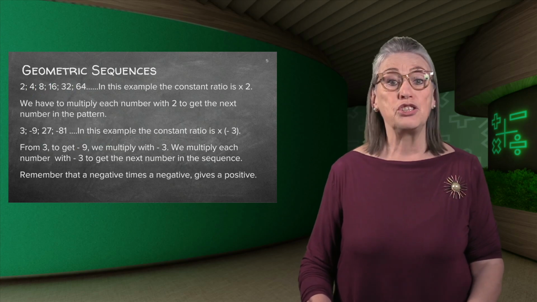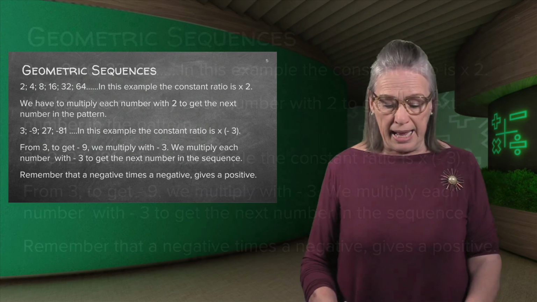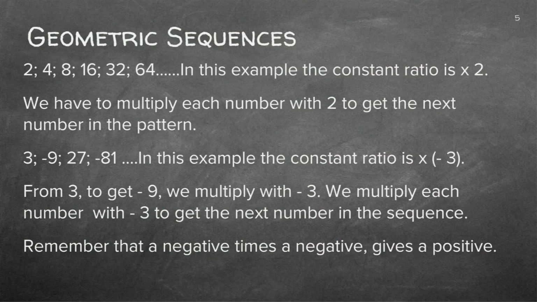Now let's look at the geometric sequence. We look at the example 2, 4, 8, 16, 32, 64. In this example, the constant ratio is ×2. Because in order to get from 2 to 4, we can argue, perhaps we +2, but then that doesn't work for the next one. Can you see?